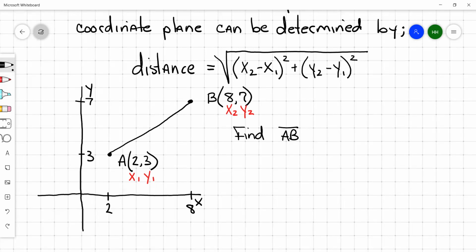So if we have to find AB, the length of segment AB, AB is going to be equal to square root of x sub 2 minus x sub 1. So that's going to be 8 minus 2 squared plus y sub 2 minus y sub 1. That's 7 minus 3 squared.